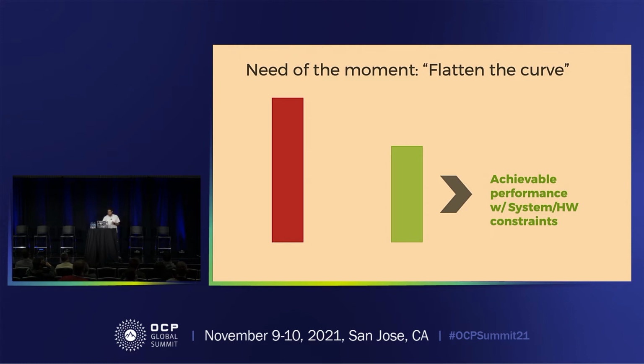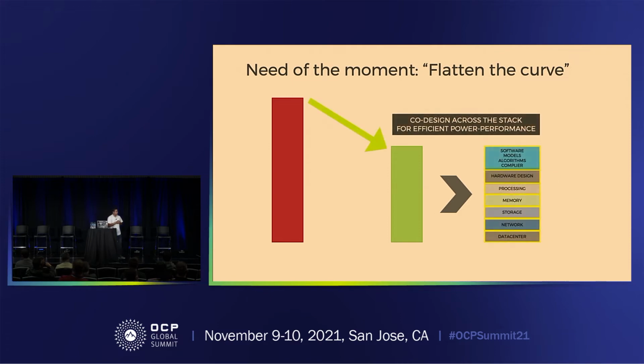And the best way to bridge this gap, according to us, is to look at it as a holistic problem across the stack, including the software, the models, the hardware design, the memory, storage, even the data center deployment and network. Omar talked about it in his keynote today. Network is a key component to that too. So we want to think about it more holistically, and that's how we believe is the only way we can actually bridge this gap and solve the problem and make it more sustainable.